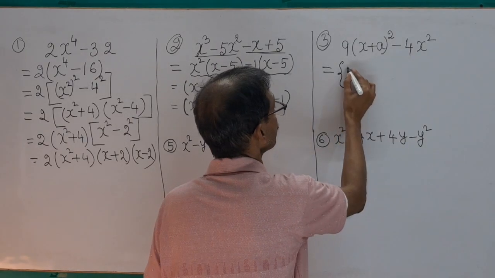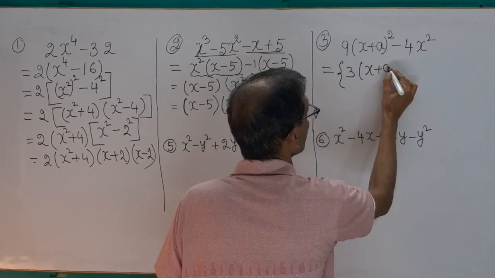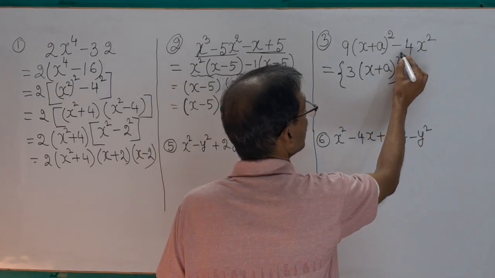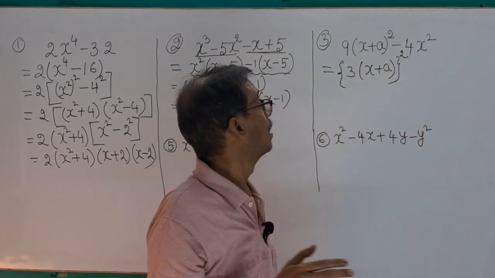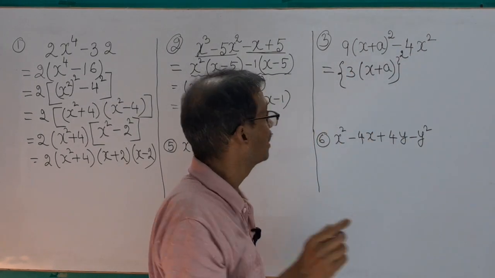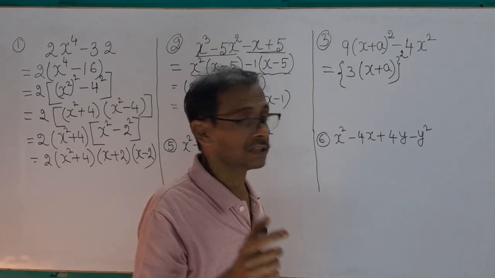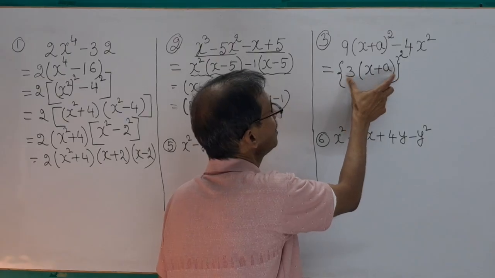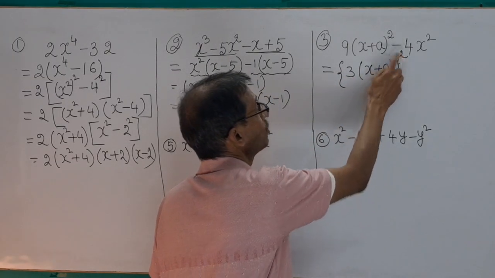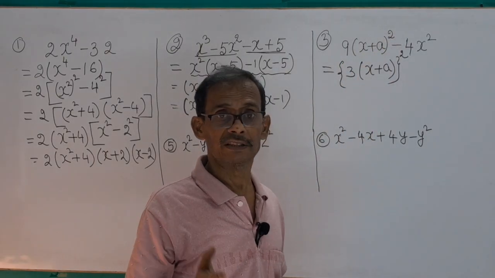So 3 into x plus a, and then you put again curly bracket and then put a square. Now what is the difference from this and this? Here 9 is not inside the x plus a, but now 9 is inside this bracket. So it becomes 3 into x plus a whole square equal to 9 into x plus a whole square. I think it is clear.